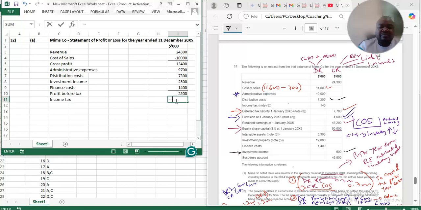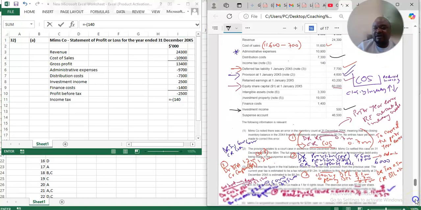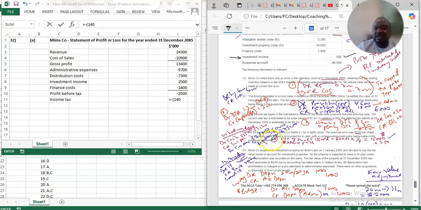Negative. We are going to start with the under provision to be expensed this year, 1.4. Okay, and we need to add the increase in deferred tax. If we come to the note, this was note 3, where we talked of the increase in deferred tax, and this was 0.5.